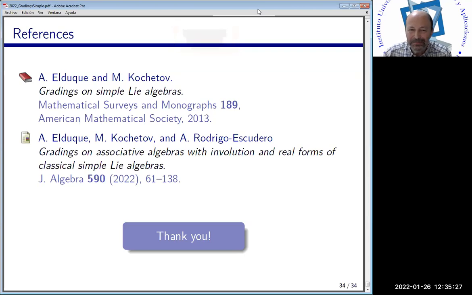For instance, if you have an algebra and you want to determine the Lie algebra of derivations of this algebra, if you have a grading that splits this algebra into small components, then you can compute just the homogeneous derivations, and this is much easier because you have to compute things in smaller vector spaces.